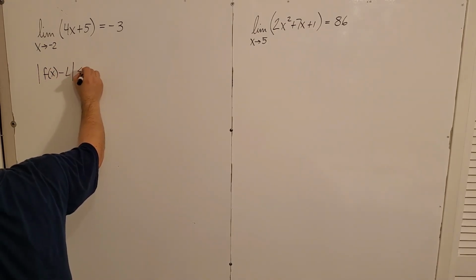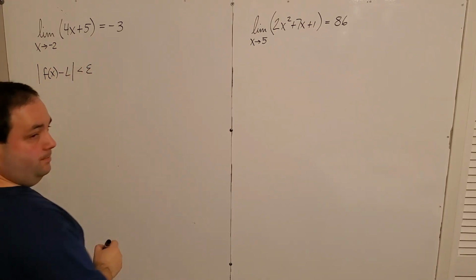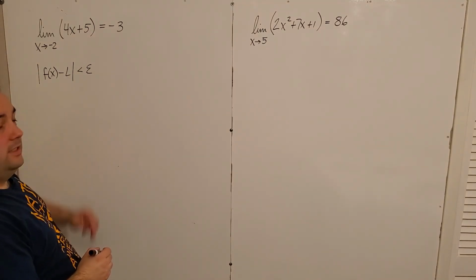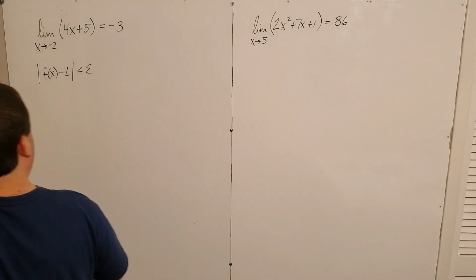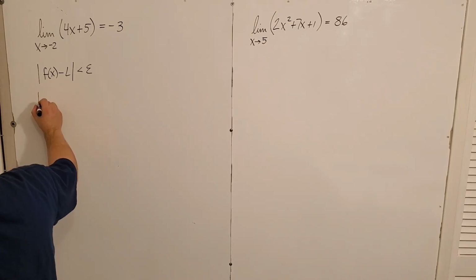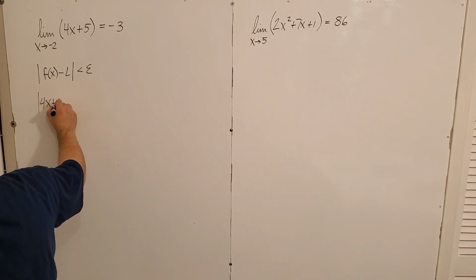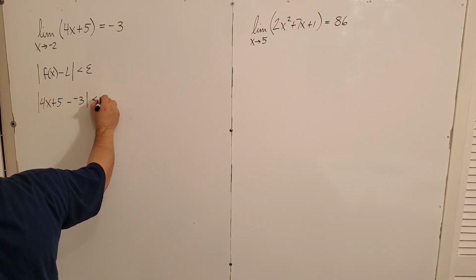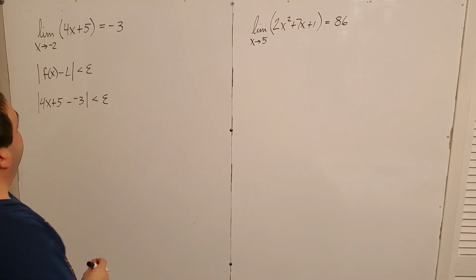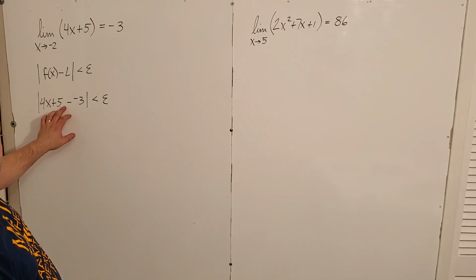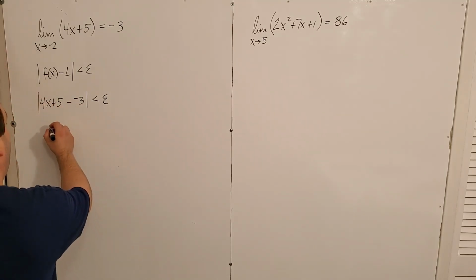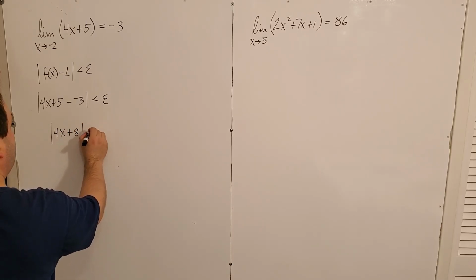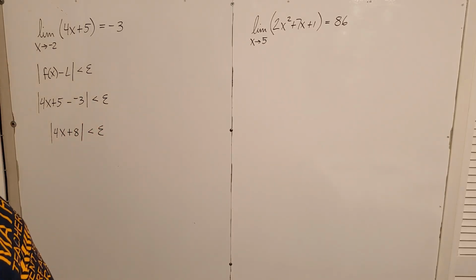So what I want to start with is my function language. f of x minus L should be less than epsilon, whatever epsilon distance I want to choose. We're going to be generic this time. So my absolute value of 4x plus 5 minus negative 3 should be less than epsilon. Well, 5 minus negative 3, I can add up to get 8, like so.